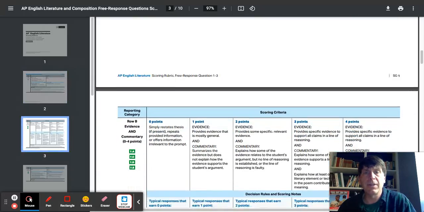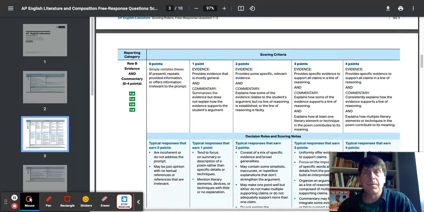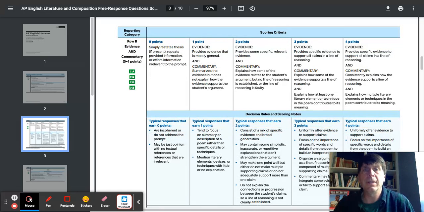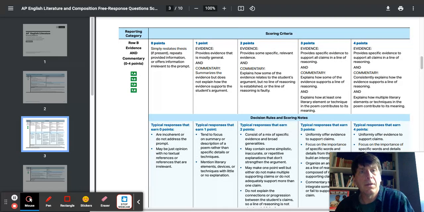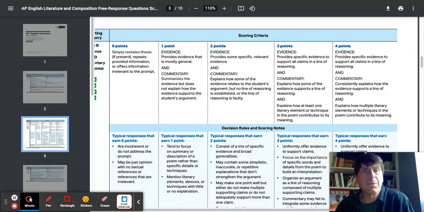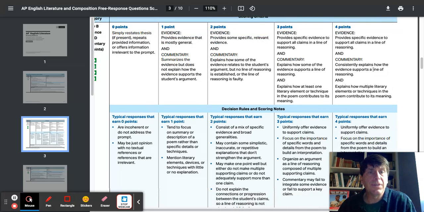The second part here is the most important, where you get 4 points for evidence and commentary. This is really your argument. This is how you prove your thesis. So the best of these that get 4 points will provide specific evidence to support all the claims in the line of reasoning, and consistently explain how the evidence supports a line of reasoning.